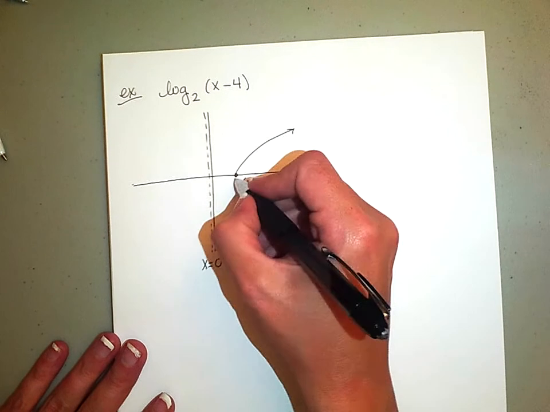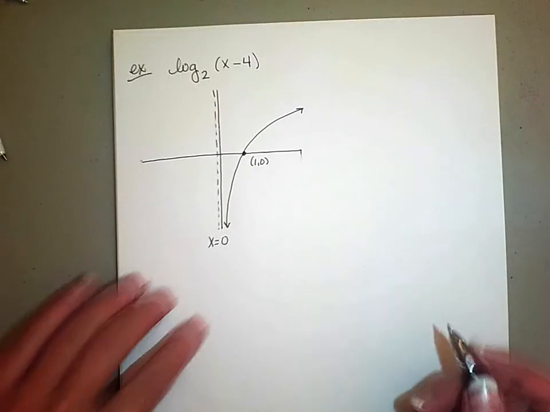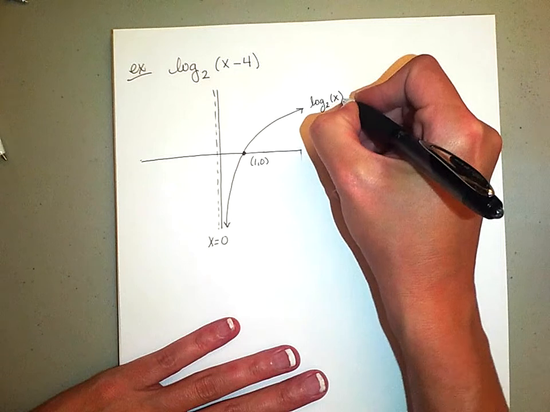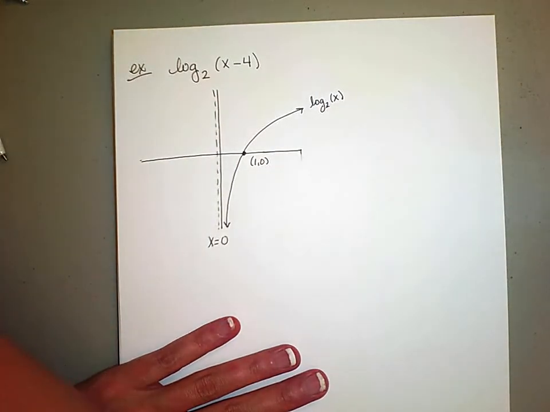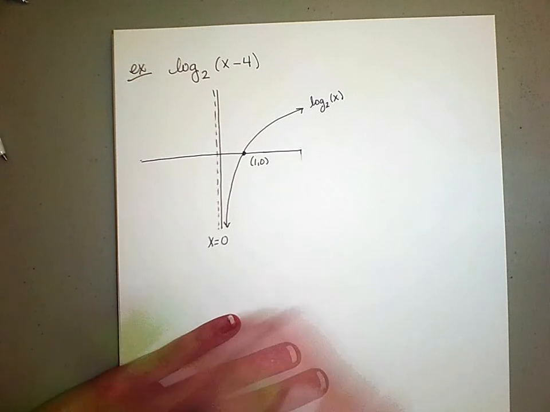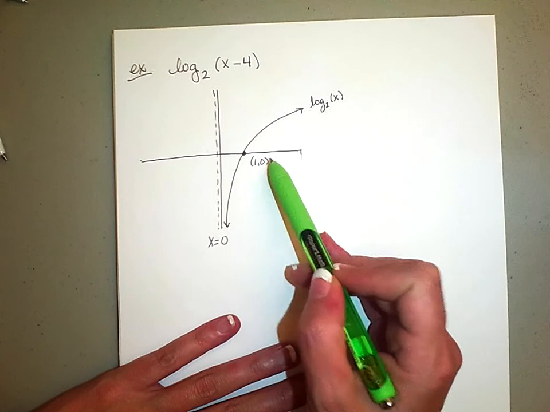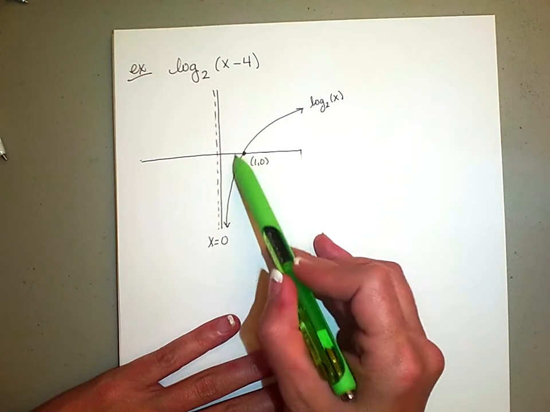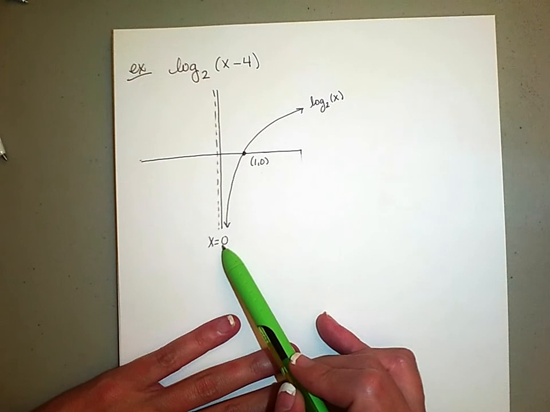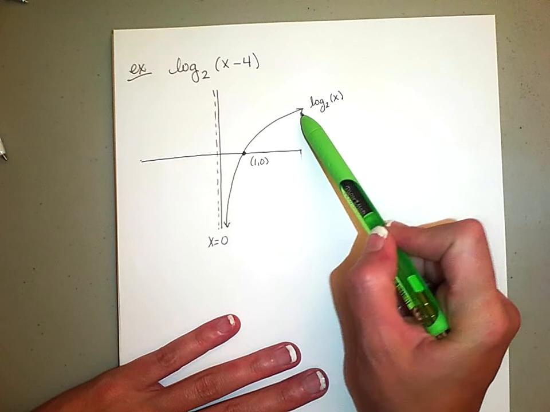The graph took off to infinity and approached the asymptote. And this was the log base 2 of x. So for a transformation of this function, notice that as I've drawn it as a quick sketch, I've drawn two important things. I have drawn the x-intercept, I have drawn the equation of the asymptote, and then I guess the third important thing is I drew the correct shape.